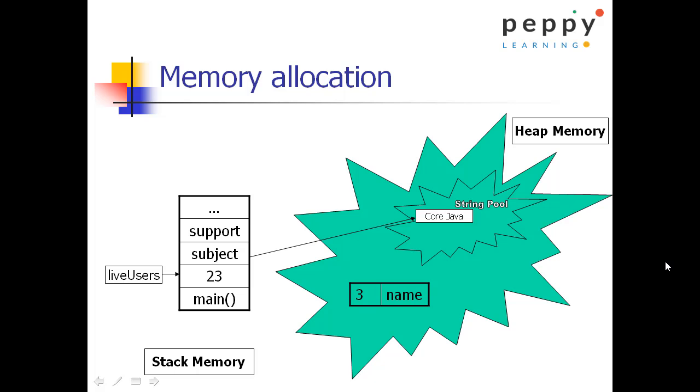Now, we have created a SupportClass object which contains 2 values. Level is 3 and name is a string having a value high. So now high got created in the string pool and name is referenced with this. Support is the reference name given for the object. This is how memory will be allocated when you create a program and execute it.